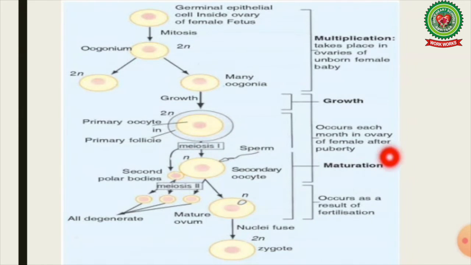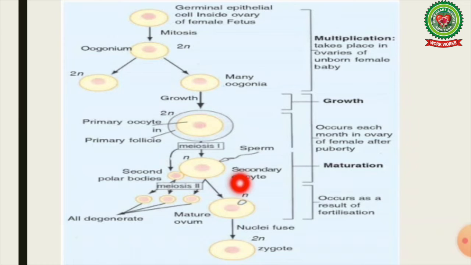And in the maturation phase, the primary oocyte undergoes first meiotic division to produce two haploid cells. Since there is an unequal division of cytoplasm, one cell formed is known as the secondary oocyte, containing a large amount of cytoplasm, and the other one is known as the first polar body, which contains less cytoplasm.